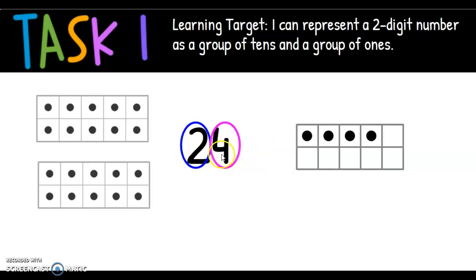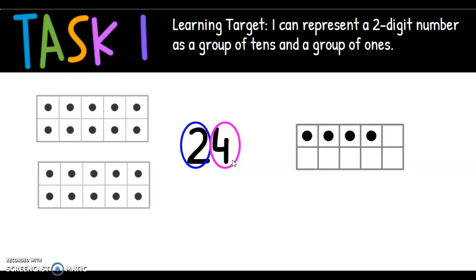This number on the right is in the ones place. We can use single dots to represent it. But this number on the left is in the tens place. We have to use full 10 frames to represent it. So now we have represented the number 24 using 10 frames: 2 full 10 frames, which represent our 20, and a partial 10 frame of 4 ones.